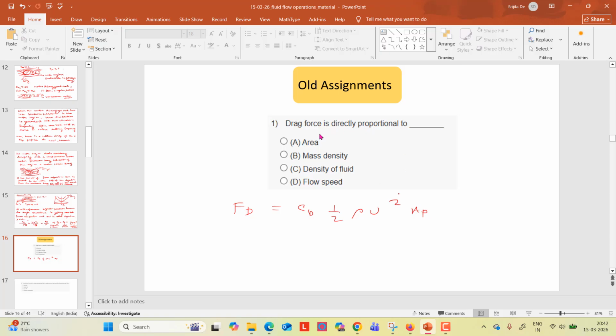AP is the projected area, not the total area. Mass density is not there, it is the density of the fluid, and flow speed square, right?